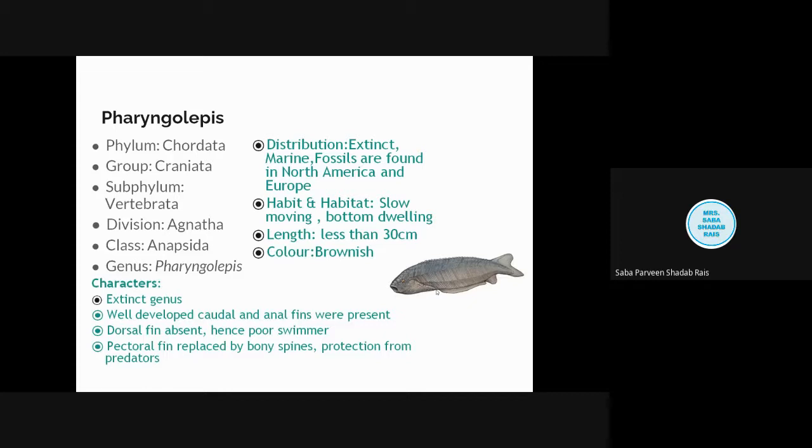When we talk about their characteristics, the first is an extinct genus. They have a well developed caudal fin and anal fin. Then when we talk about their dorsal fin, yes, dorsal fin is absent. And dorsal fins are the main fins which help in swimming. So as their dorsal fin was absent, the paleontologists must have guessed that they had less stability in the water and maybe had poor swimming abilities.